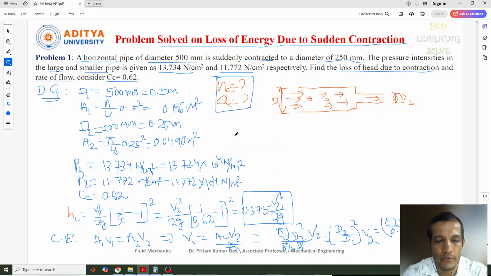Now, because neither the Q value nor V1 nor V2 is given, it is difficult to calculate the velocity V2. We require this V2 value, so we'll go for Bernoulli's equation.